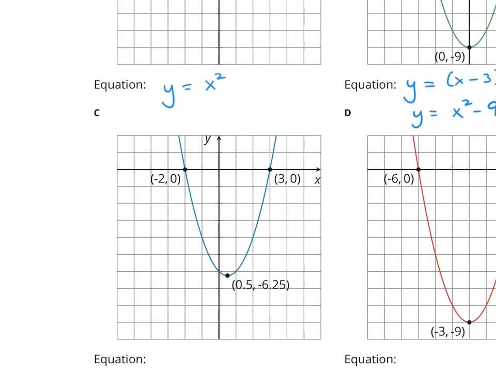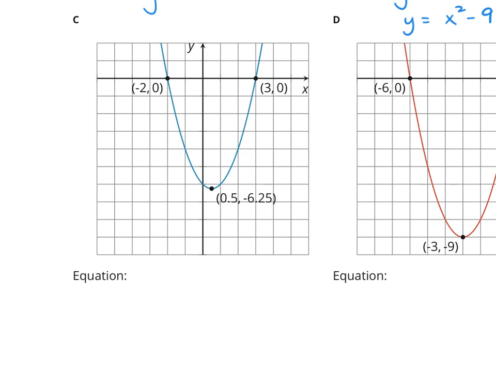Okay, for C, I see that my x-intercepts are -2 and 3, and then I also have a vertex of (0.5, -6.25).